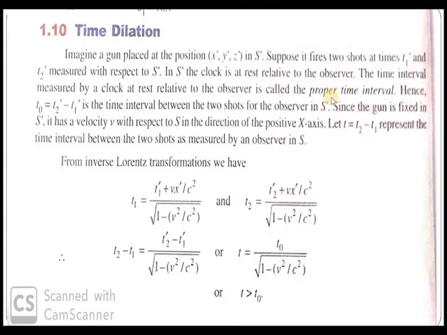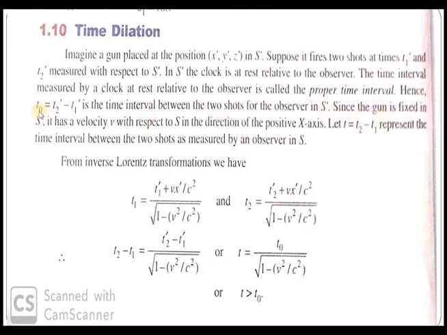Here the time lapse between two events which occurred at the same position is called the proper time interval, and it is given by t0 is equal to t2 prime minus t1 prime. t0 is the time interval between the two shots for the observer in the S prime frame.